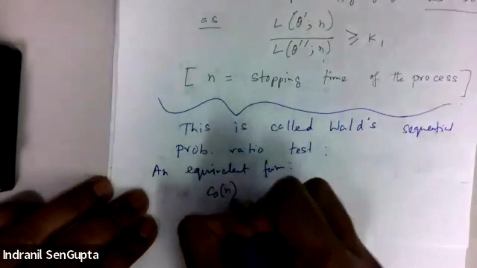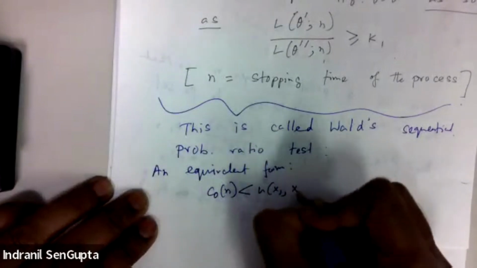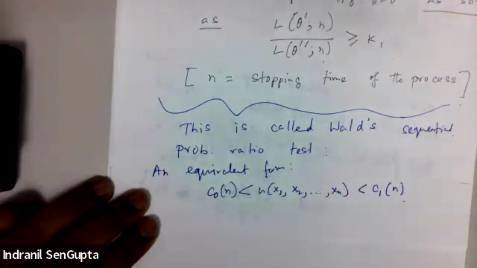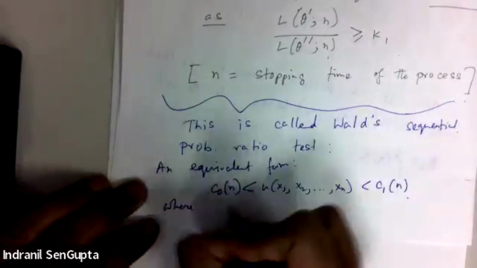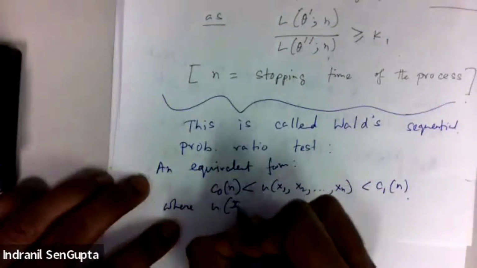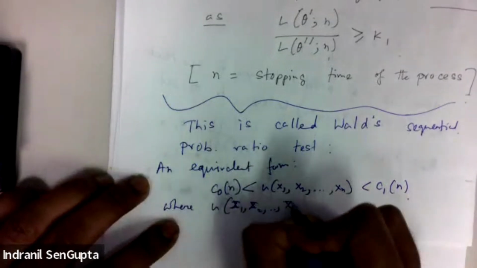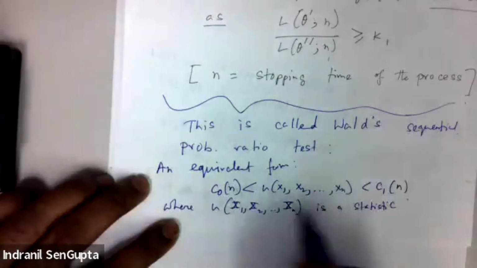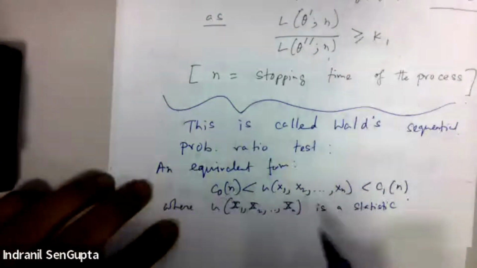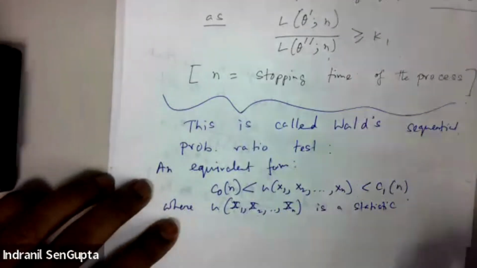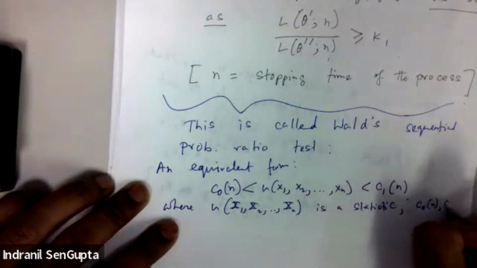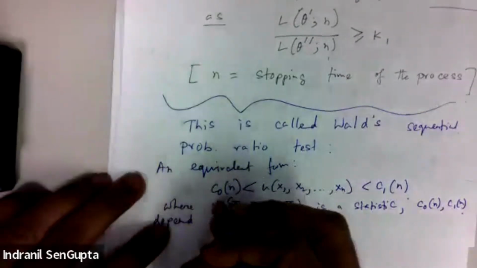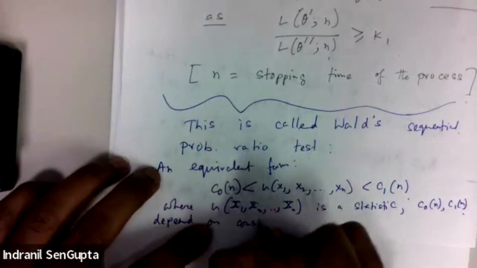So C0 of n is less than U of x1, x2, xn is less than C1 of n, where this U of x1, x2, xn is a statistic depending on the n samples, and this C0 n and C1 n, they depend on constants.